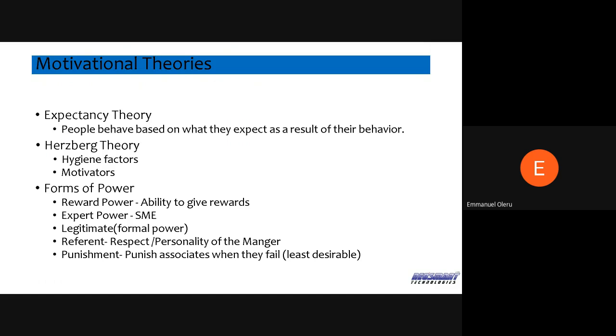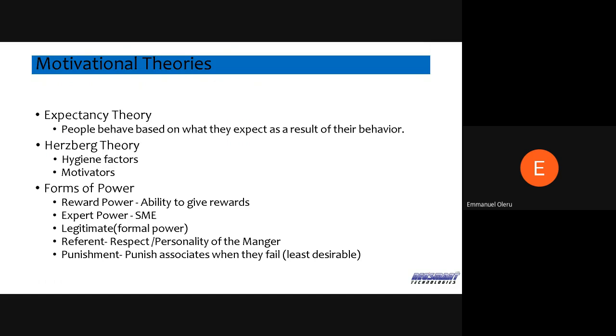This theory was developed by someone called, I think, Victor Vroom, right? And it basically talks about people behaving based on what they expect. If I expect that I'm going to get a reward for doing this, I will put in my best. If I expect that if I behave badly nothing will happen, I will do it and think I'm getting away with it, right?